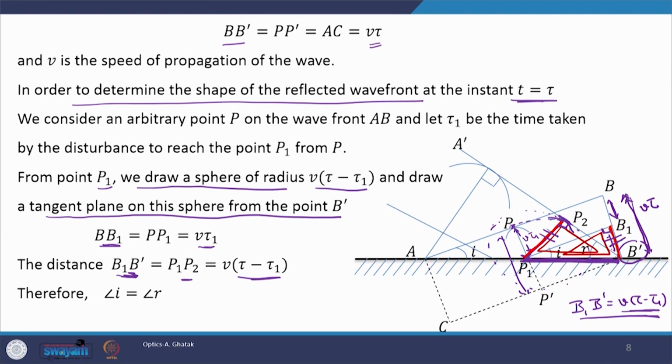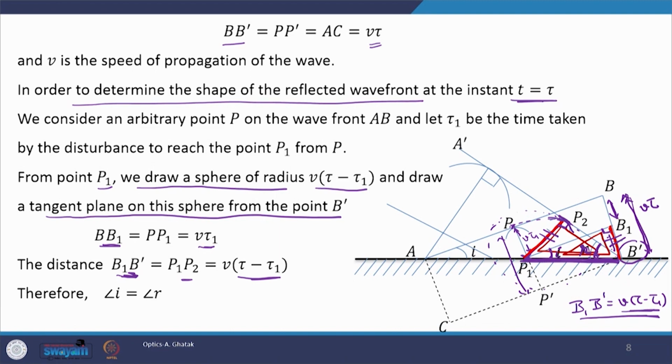The base is common, one side is equal to one side, and the right angles are equal. Therefore, the angle of incidence would be equal to the angle of reflection. I would be equal to R, which is nothing but the law of reflection.